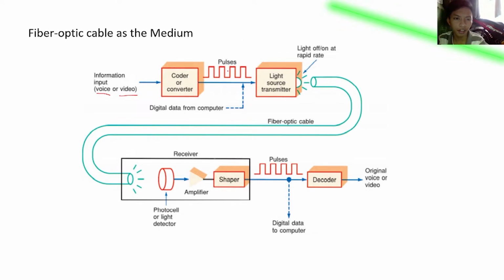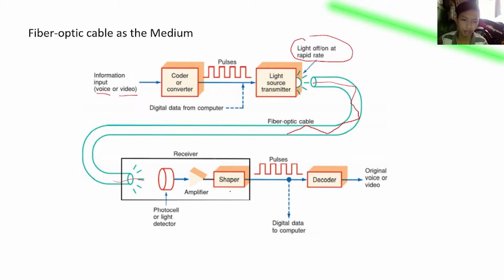And then these pulses will be the ones that turn off and turn on this light source, and then this will be transmitted using the fiber optic cable, and so on up to here.